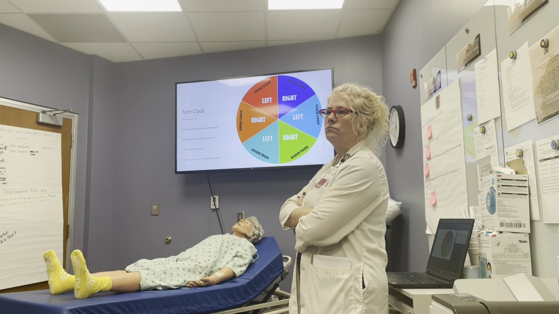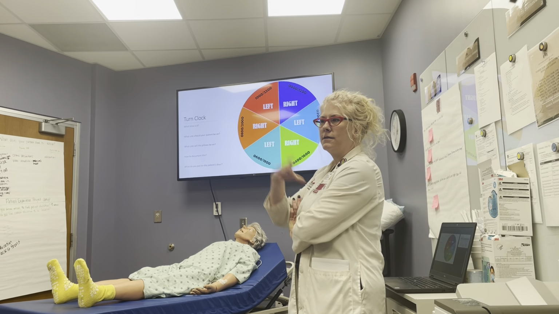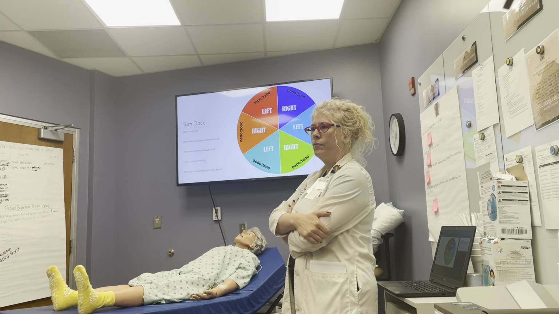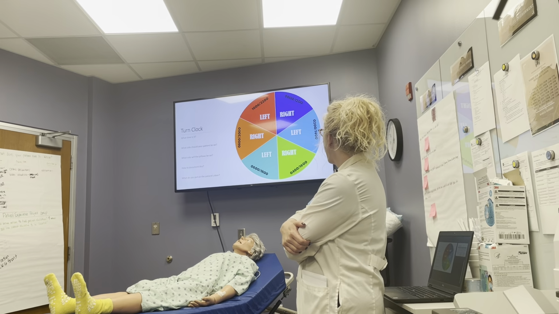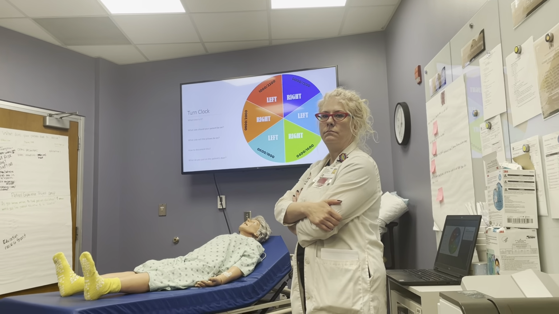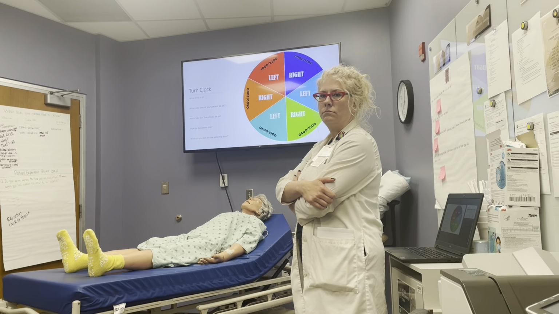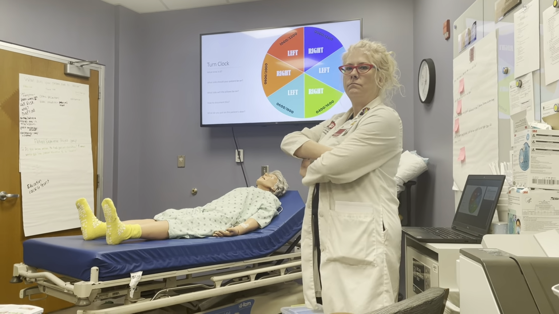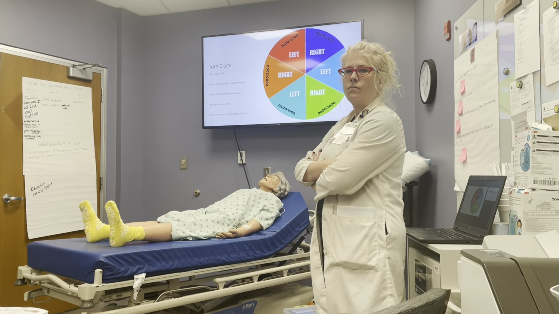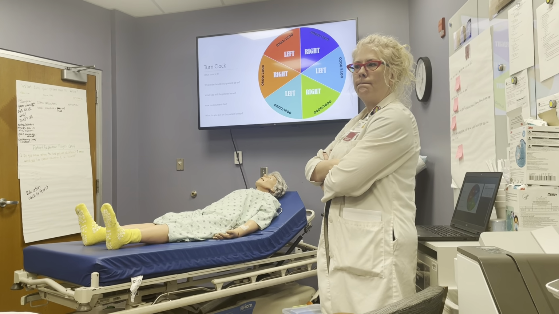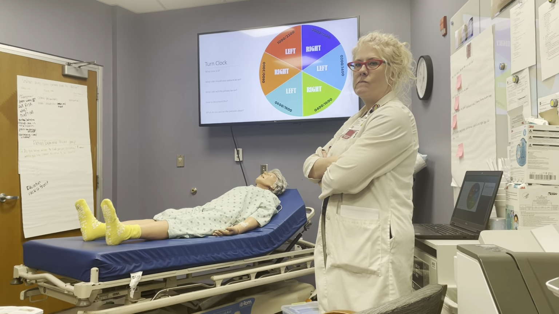I think we have that on the door. These clocks are inside that door, the little white sheet, and this clock is on there with little boxes for each time. So once you've turned them at that time, you can just check them off, make sure the patient is turned appropriately and the proper time.